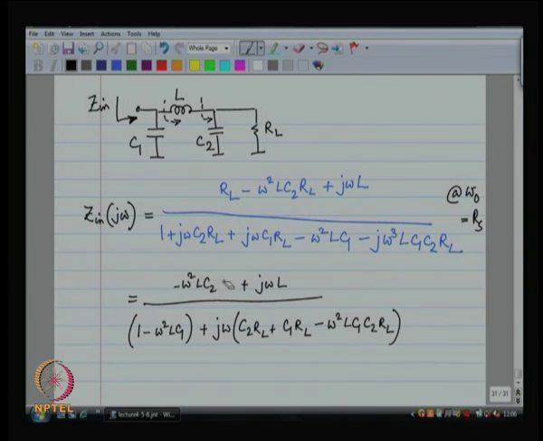This will simplify a little bit. This will also simplify a little bit. Okay. So, I have clubbed real and imaginary parts together.